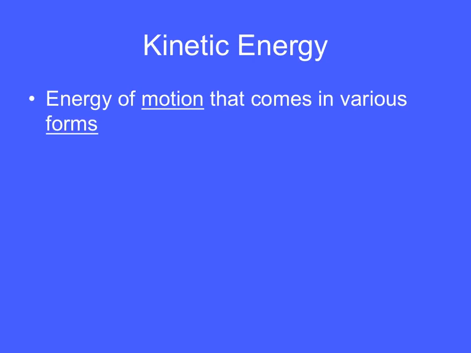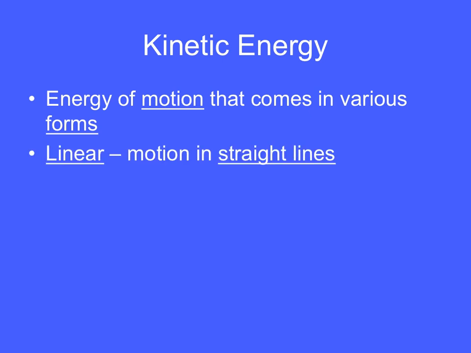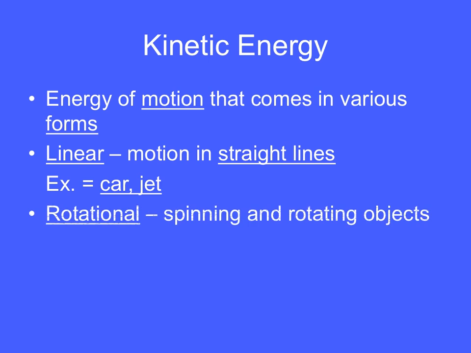So kinetic energy is the energy of motion, and we have some different forms. The first form of kinetic energy is linear kinetic energy, and this is where we get motion in straight lines, like with a car or a jet. We also can have rotational kinetic energy with objects that spin or rotate, and a great example of this is the Earth. We spin on our axis.